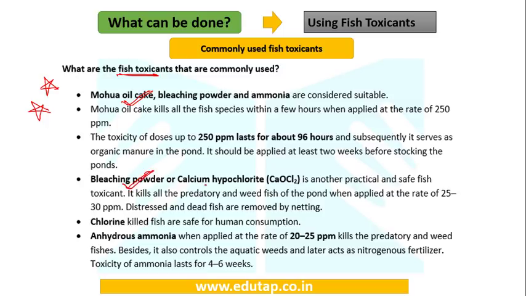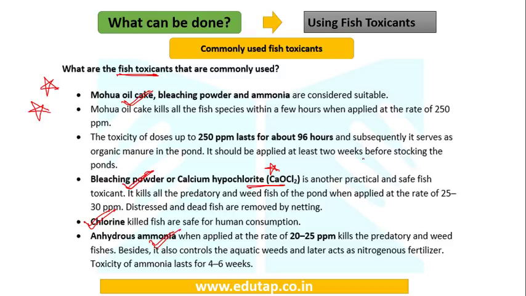It is also called calcium hypochlorite. Remember the name and the other common name as well. So you can get a question that which of the following are used commonly as fish toxicants, right? We have seen it's mahua oil cake. There is bleaching powder, which is also known as calcium hypochlorite. Then you have chlorine. Then you have anhydrous ammonia.